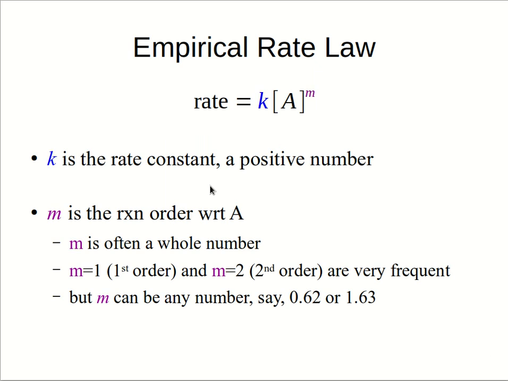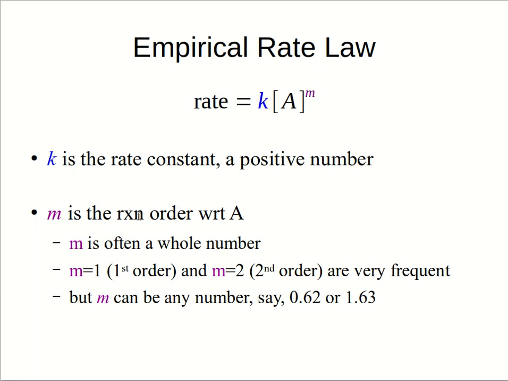So the rate, and again that's the instantaneous reaction rate, is k times A to the m. k is called, and that's just jargon now, but jargon is important. If you don't know the jargon, you don't know what I'm talking about. k is the rate constant, and that's a positive number. It has to be positive because rate is positive.